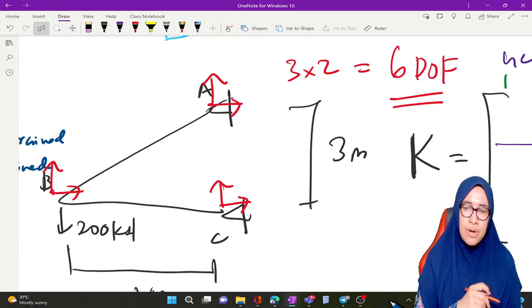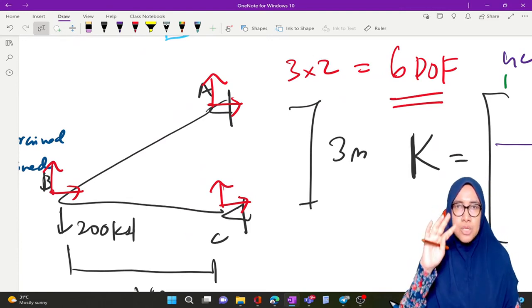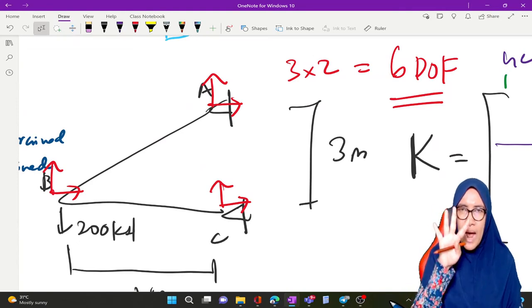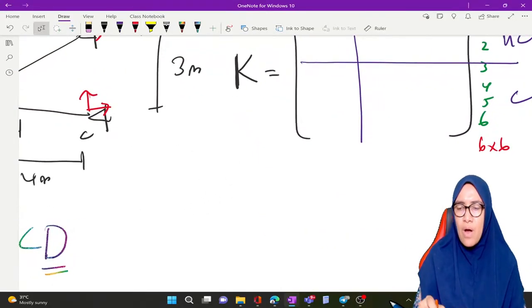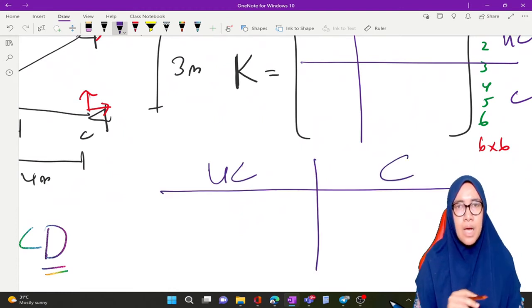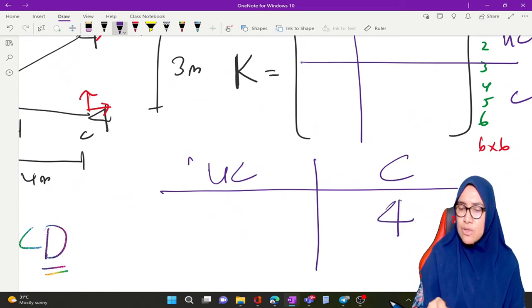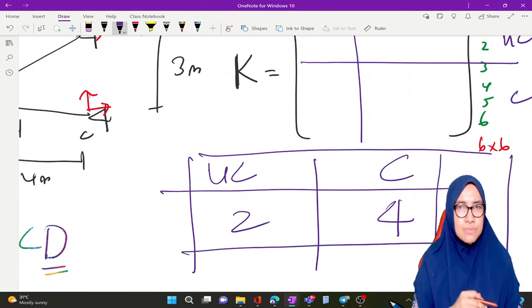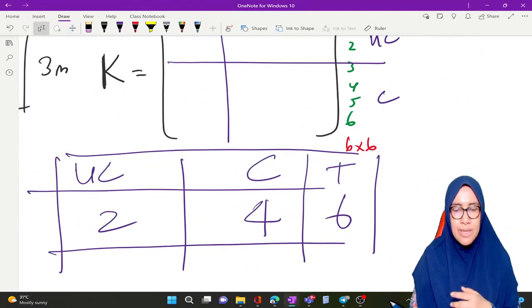We have 2 pin supports. 2 pin supports represent 4 unknown reactions, and to get the total of 6, the remaining is 2. We need the total degree of freedom.